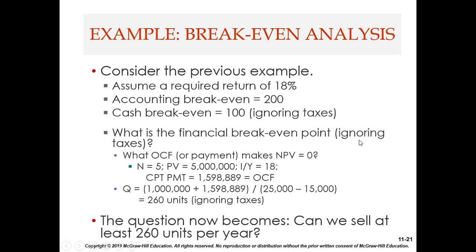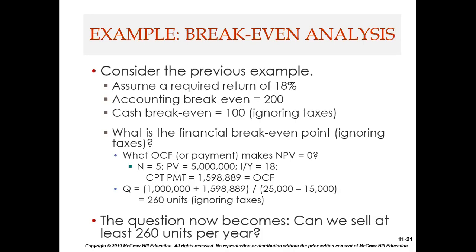Well, that is simply calculating for PMT in our annuity payments. So N is 5, I is 18 in my finance time value of money calculation. PV would be the $5 million, and then we solve for the payment.